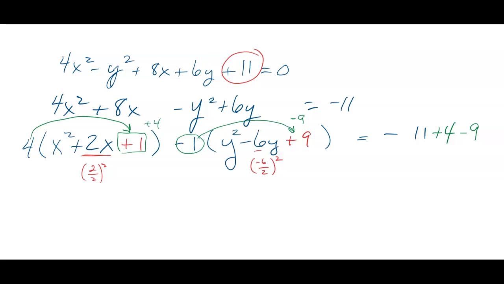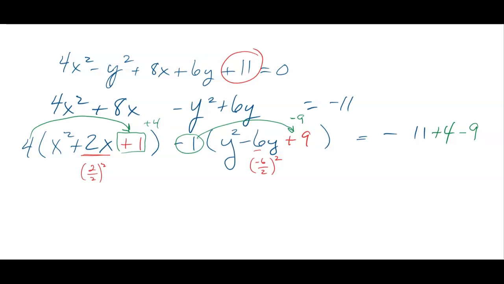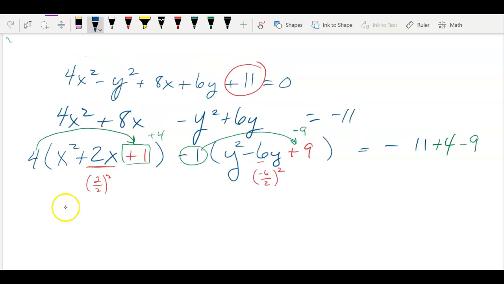So let's go through and clean this up a little bit. So we have 4 times x plus 1 squared minus y minus 3 squared equals, and what's that going to give us? -11, and -9 is -20 plus 4, -16.